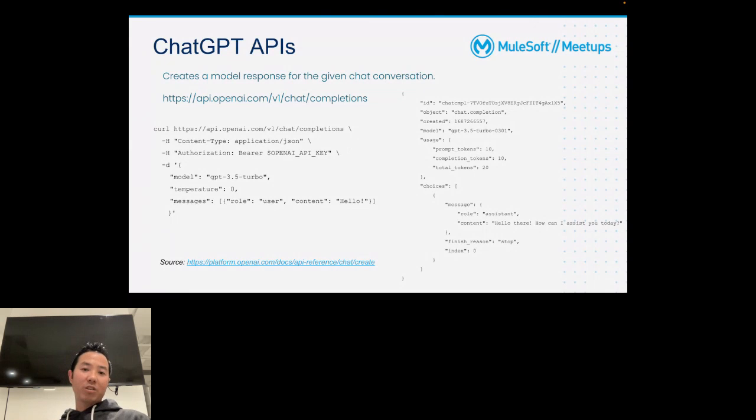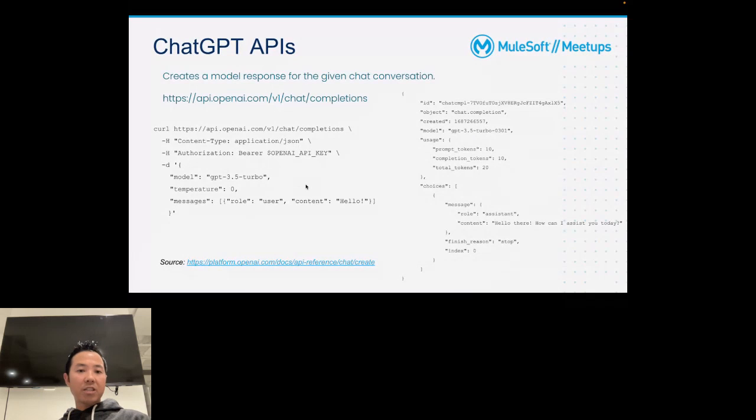That's why it's called a chat. But that's how you do it on the web UI. What we are talking about here is using the APIs in a programmable way to interact with ChatGPT to get what we want. So the API we're using is that one. On the left-hand side, you can see it's quite simple and straightforward to call it.